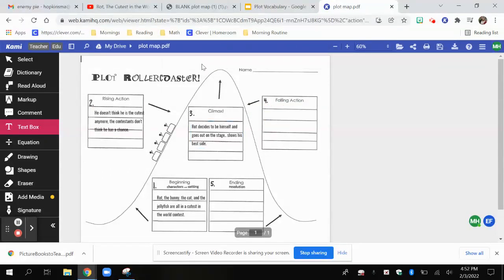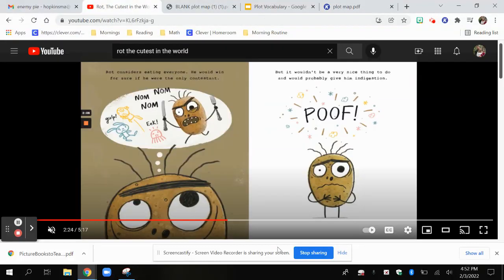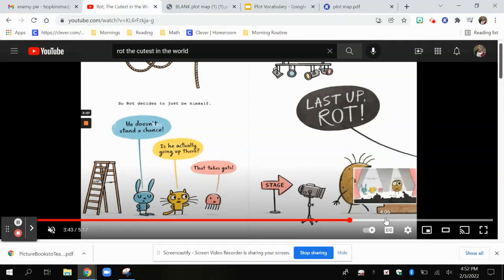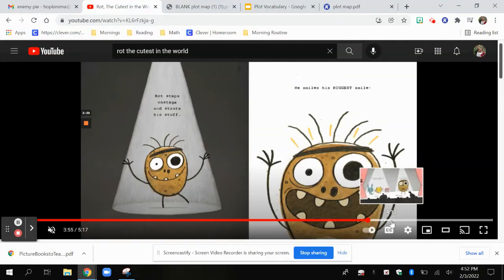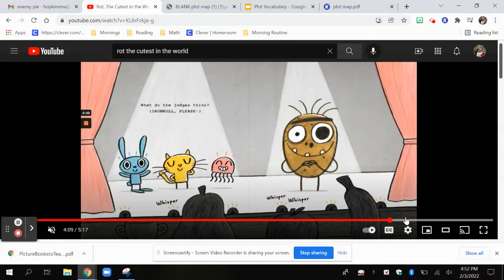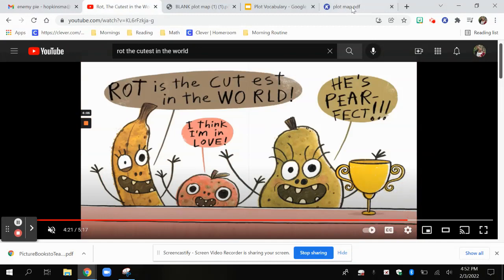And then I think about that falling action. How did that problem of Rot not feeling good enough for this contest, how did that end? He gets out there, he smiles his biggest smile, he struts his stuff, he shows that best side. How does this story, that problem, start to get solved?